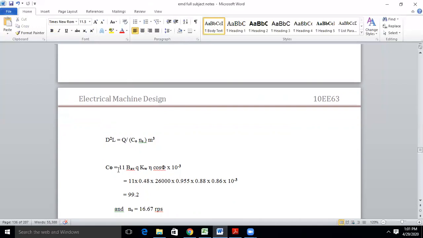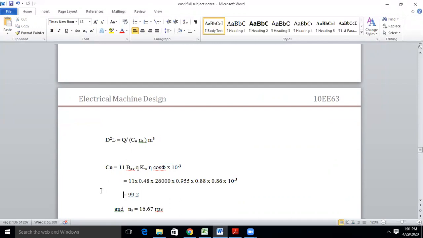C naught is given by 11 Bav Q Kw eta cos phi into 10 raised to minus 3. I can write the C naught formula for a three-phase induction motor as this. Put the values: Bav is given, Q is given, Kw is given, eta is given, cos phi is given. We have to calculate C naught. So this is 99.2.